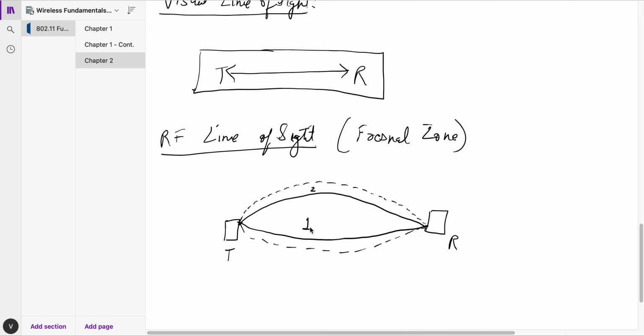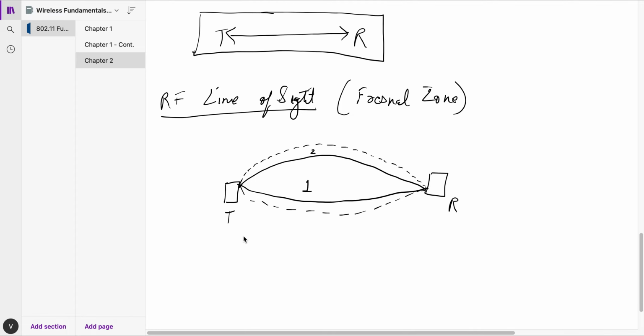So they are both like American footballs, but it is advisable that when you create a communication between two buildings, the first Fresnel zone should not be 20% or more occupied. Anything beyond 20% will be harmful for the communication. Anything around 40% is going to make the link unreliable, not going to work.